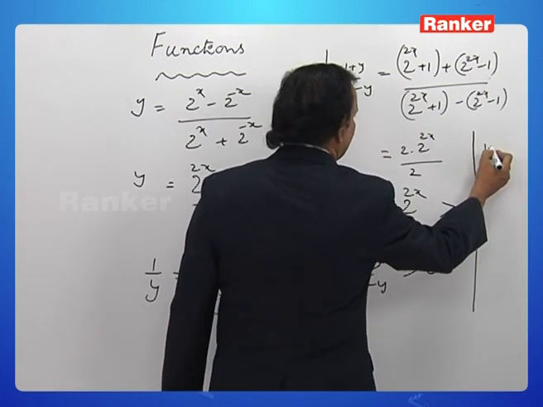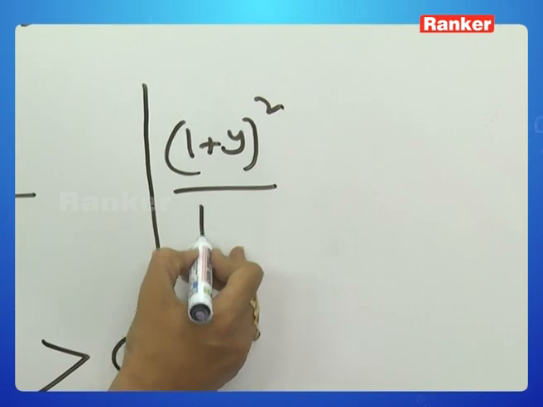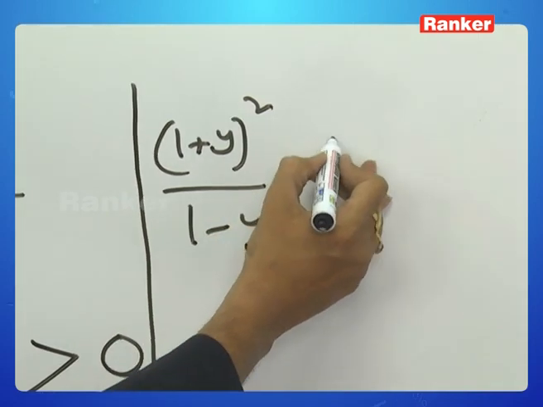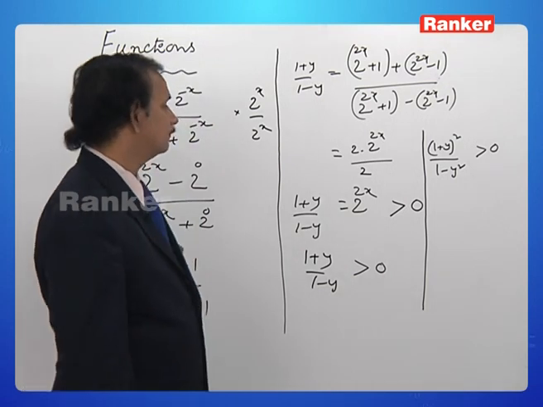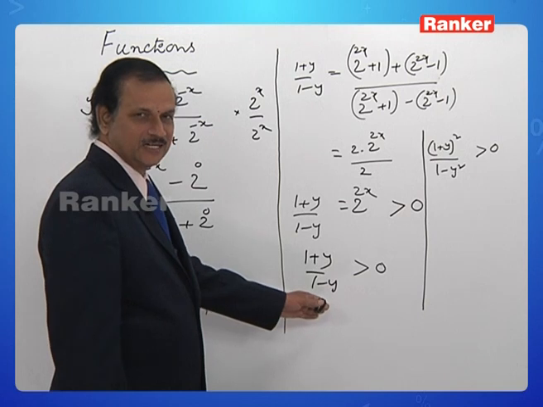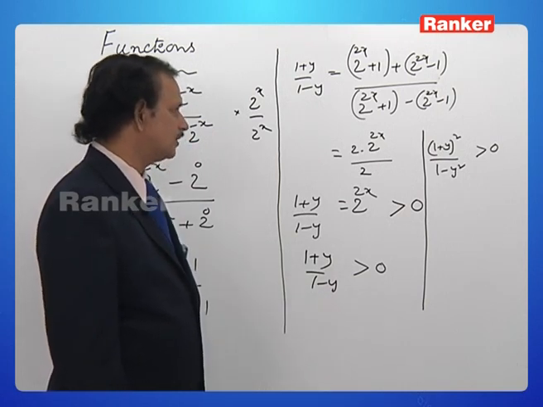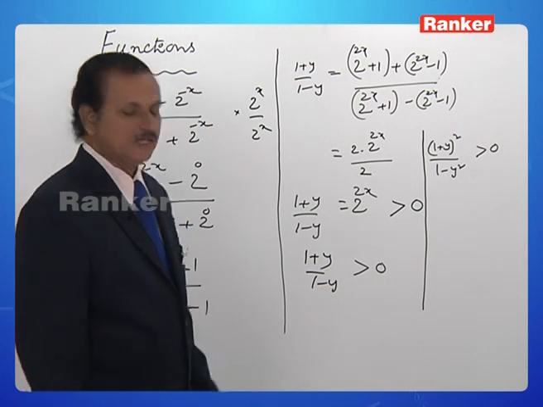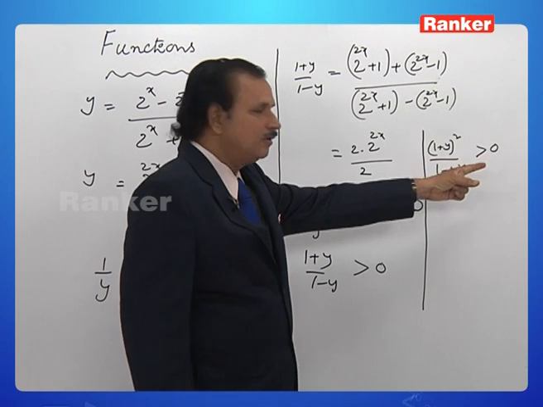What happens? 1 plus y whole square by 1 plus y into 1 minus y, that is 1 minus y square, is greater than 0. Isn't it? Already 1 minus y is here. I am multiplying it with 1 plus y. 1 minus y into 1 plus y becomes 1 minus y square. You observe this fraction. This must be positive.